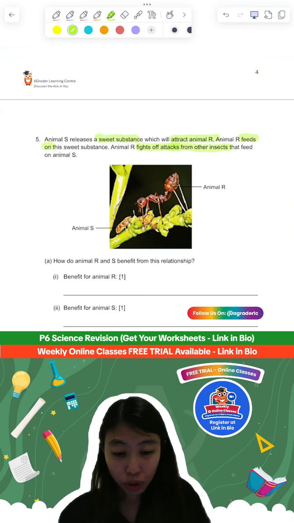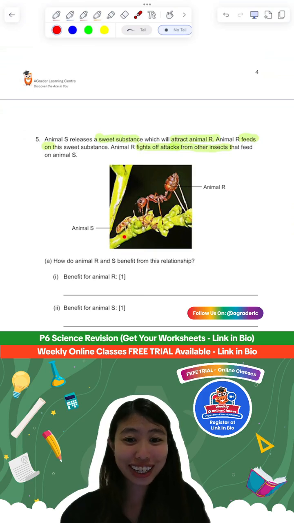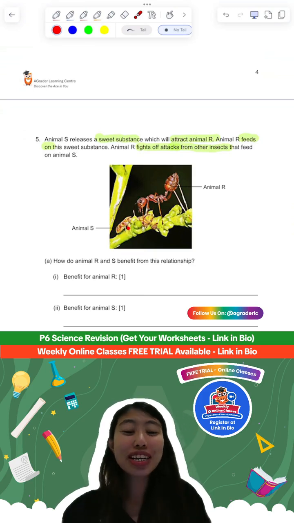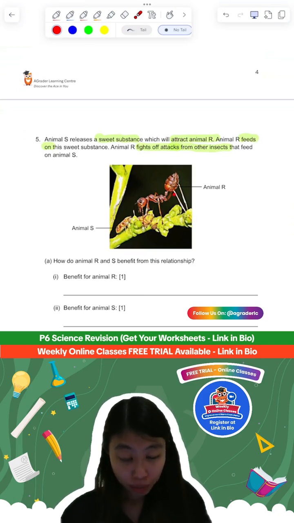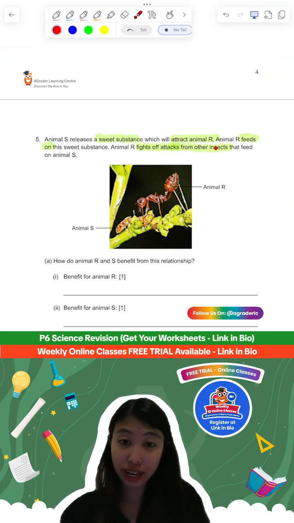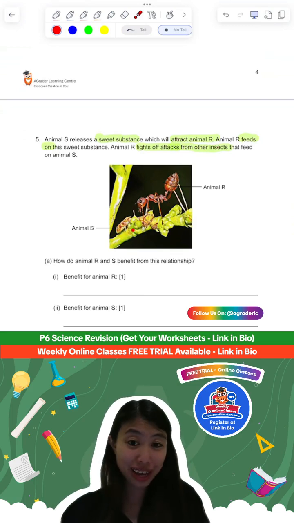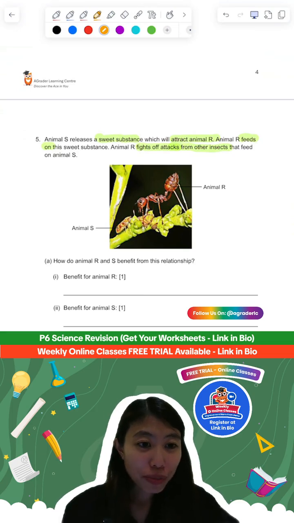So you know a few things here. Animal S, this cricket-looking insect, releases a substance. This substance is eaten by animal R. Animal R will attack other insects that try to eat animal S. So how? Yes, Peppa Pig, very good.